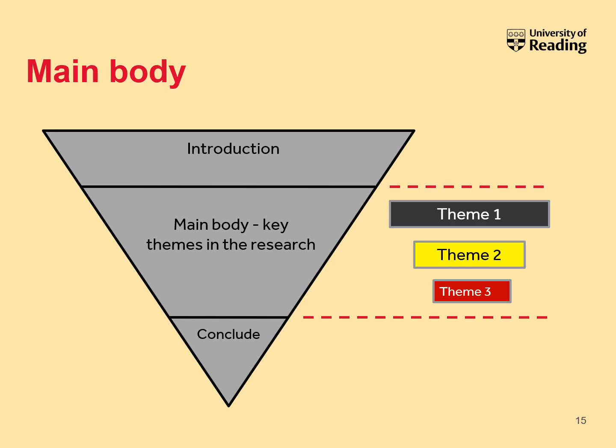So we start with theme 1, which is quite broad, and then theme 2, which becomes a bit more relevant, and then theme 3, which is super relevant to the problem of your project. And this is a really good way to structure your work if you're unsure about what to talk about first. And it also has the advantage of offering quite a convincing argument to your reader, as they can tell that your literature review is going somewhere and that it's got a point.